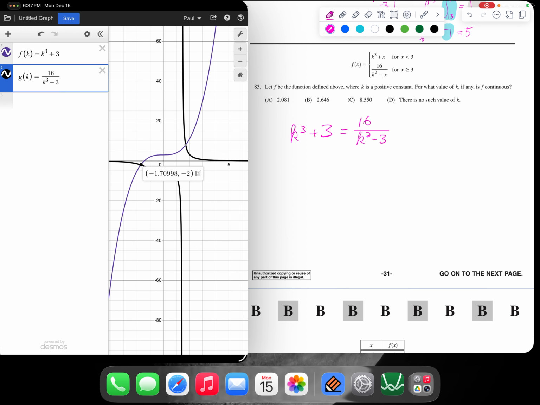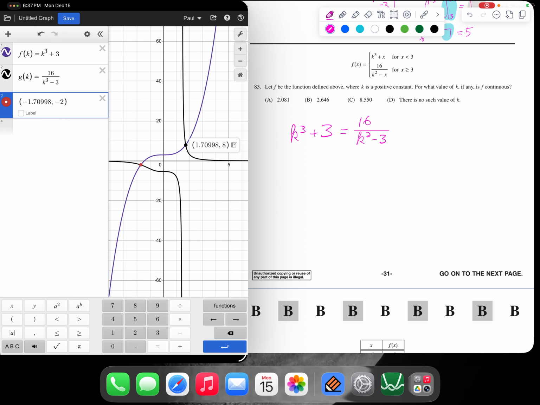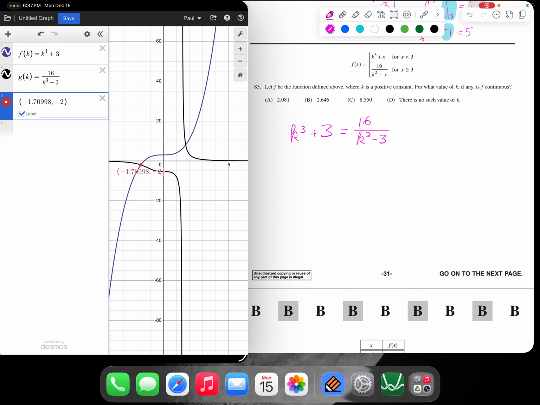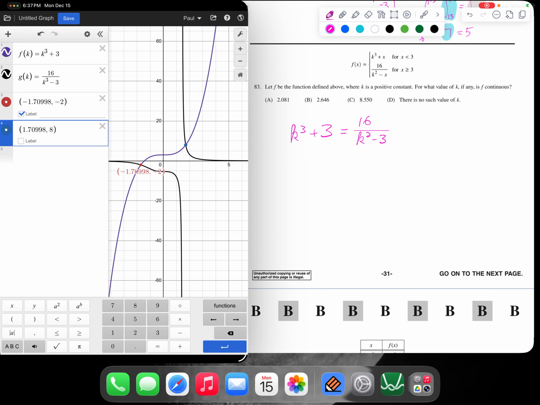Looks like they intersect at 2 places. And Desmos gives me the option for certain points to hit a little icon next to it and make the point appear. Now, Desmos is telling me that I have 2 intersection points.